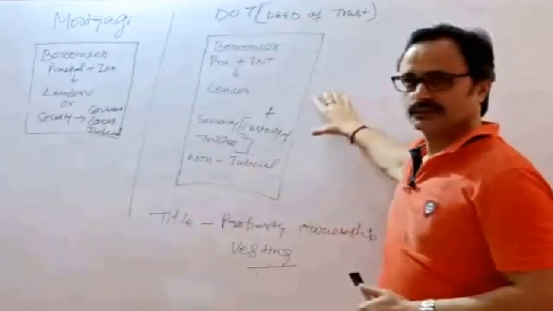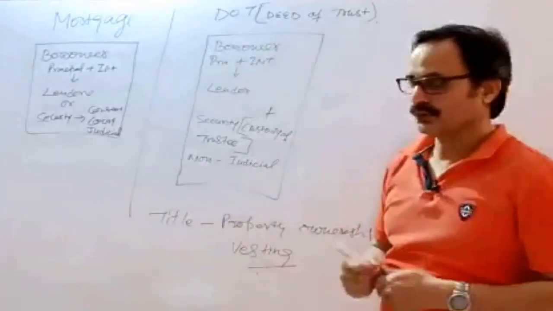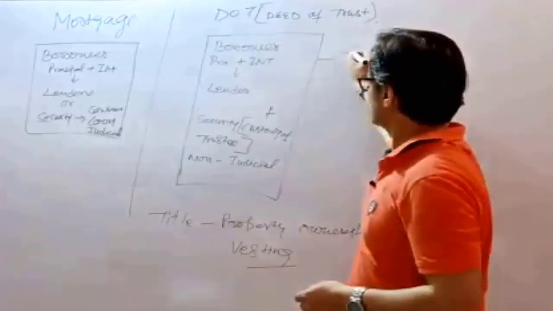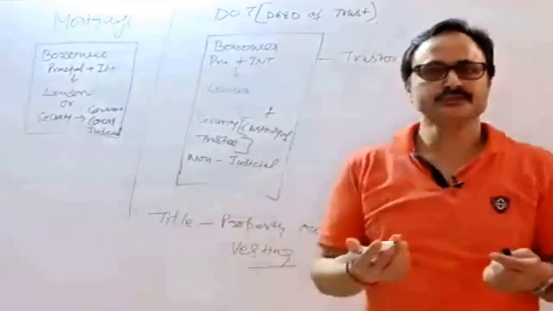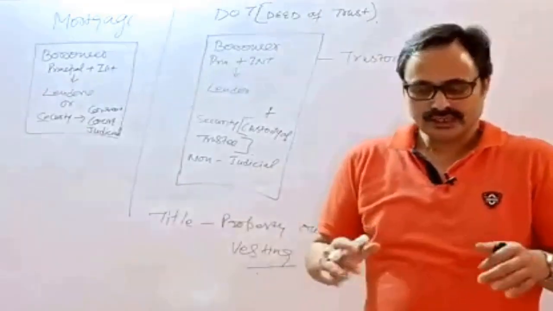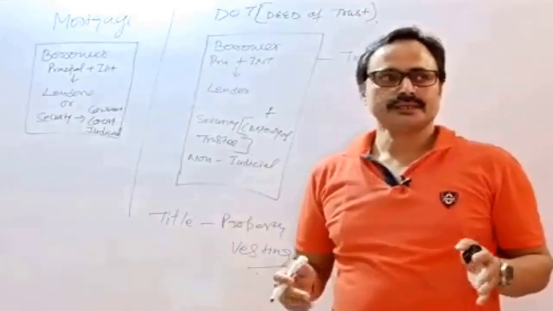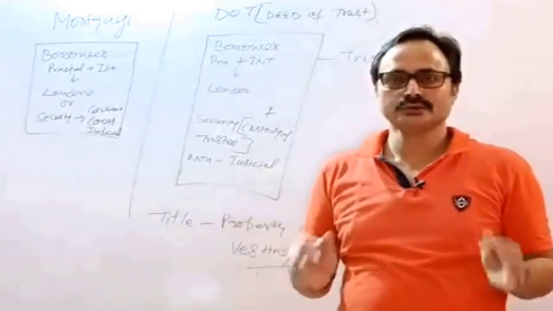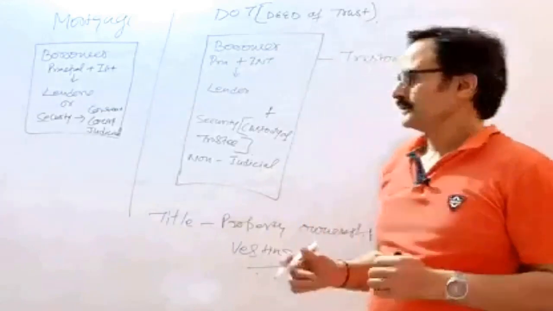In this case, what they are going to write is that the borrower will not be the owner but will be shown as a trustor. So we know that trustor means the original borrower, the one who would be the owner of the property, but he's not the owner, he cannot sell that property, right?